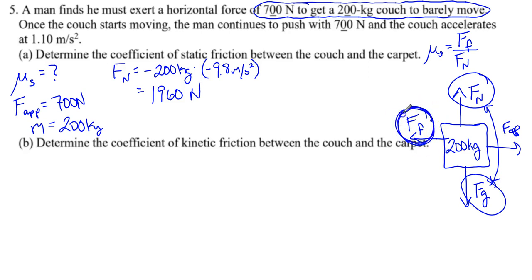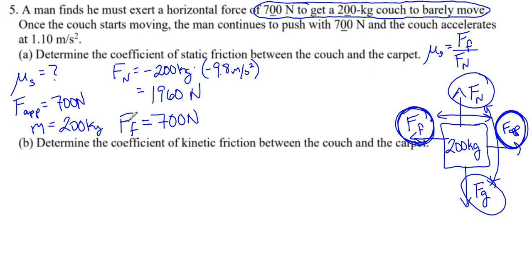Okay, and for our force of friction, remember we're getting it to barely move, so it's not accelerating yet. That means that our force of friction and our applied force are basically the same. So we're going to say that our force of friction is also 700 newtons. Our force of friction to get it started is 700 newtons.